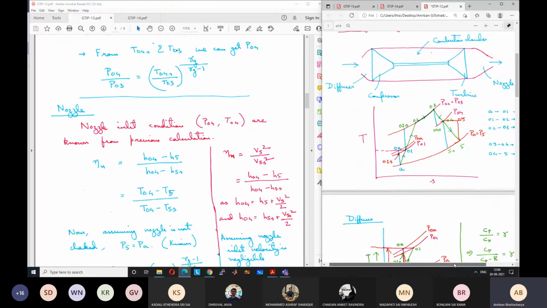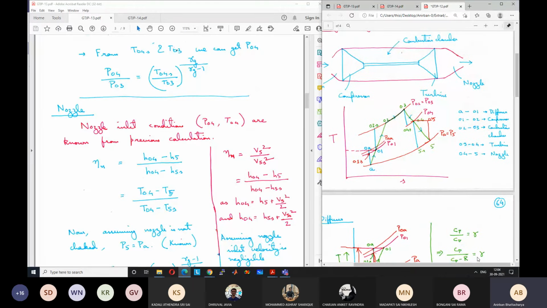Then the rest of the expansion occurs in the nozzle to generate the exhaust velocity, which is ultimately our goal, because that will result in the thrust. So you want as much exhaust velocity as can be generated. That occurs in the nozzle, where the inlet condition is 04, and if it were an ideal nozzle, meaning there were no frictional losses, the exit condition would have been 5s.